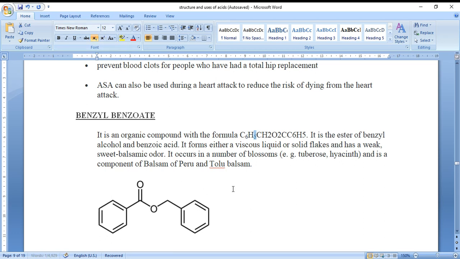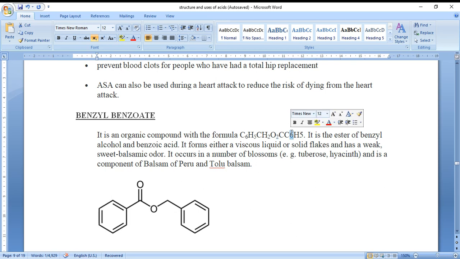Coming to the molecular formula, this is C6H5 for this part, and the next one is CH2O2. So what is the CH2O2? Here this is the COOCH2 and again C6H5.